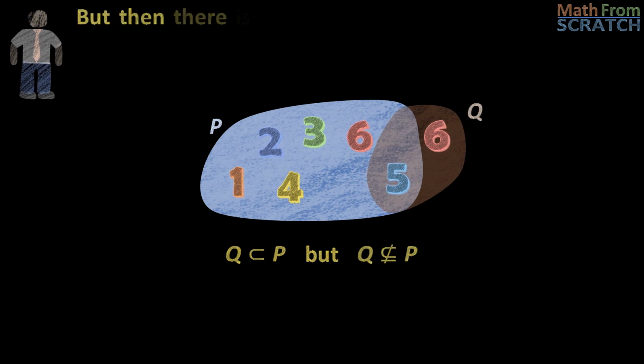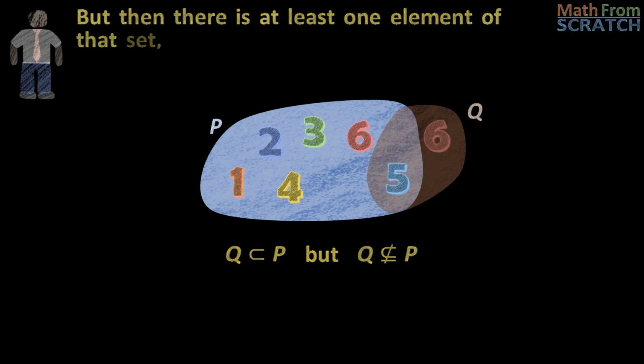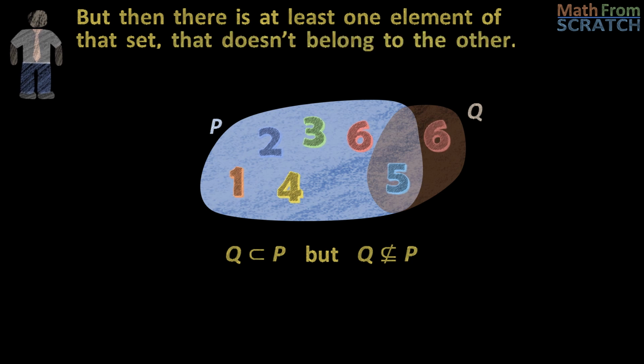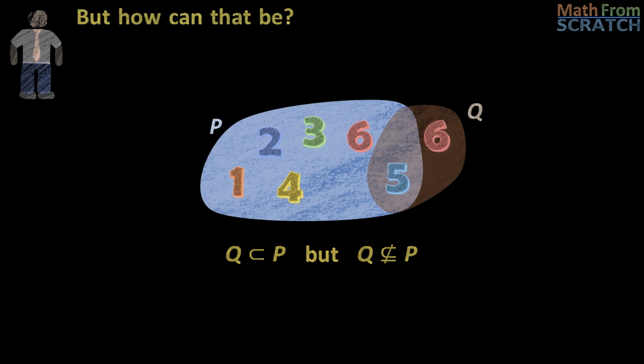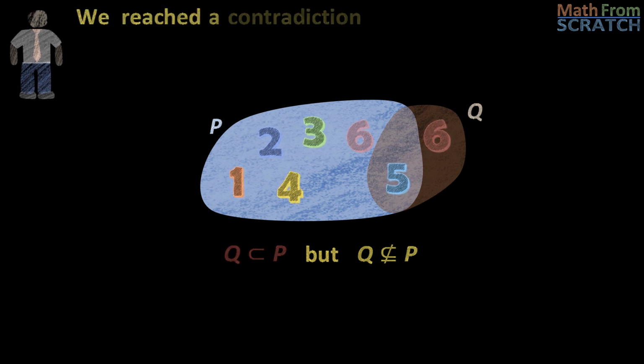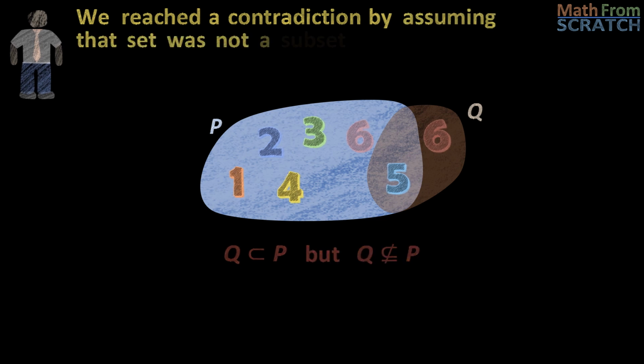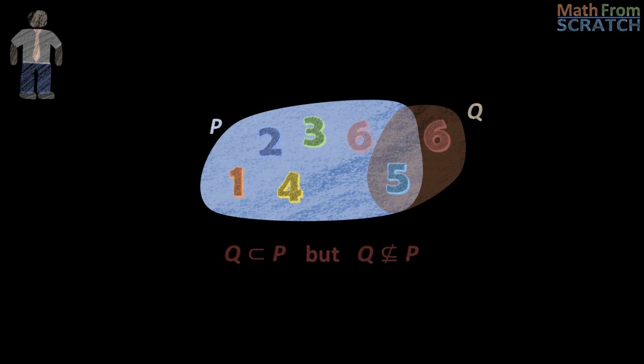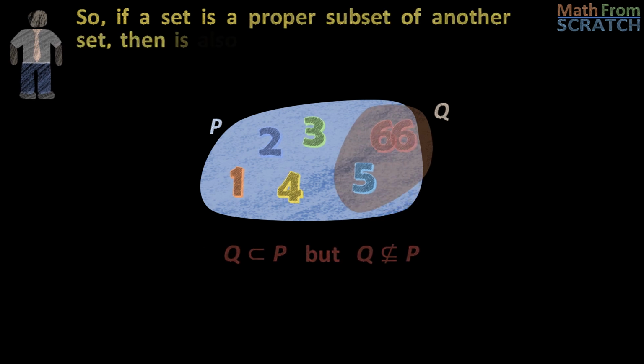But then, there is at least one element of that set that doesn't belong to the other. But how can that be? The set was a proper subset of the other in the first place. We reached a contradiction by assuming that set was not a subset of the other. So, if a set is a proper subset of another set, then it is also a subset.